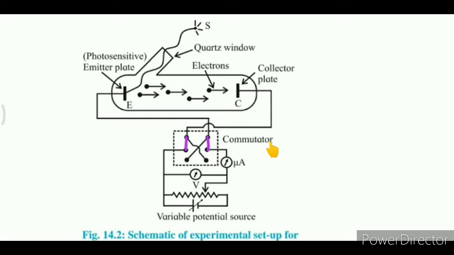By using it, we can maintain emitter plate E at a desired positive or negative potential with respect to the collector plate C. That means by using this commutator key, we can change the polarity between the two plates E and C.